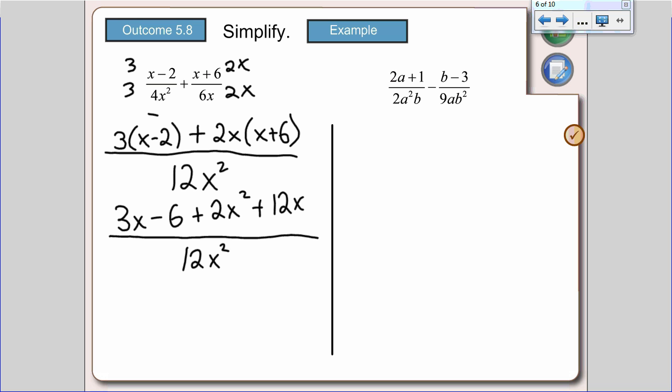I only have one of those, so I have 2x squared. Plus x's go with x's, so 15 x's. And then constants go with constants, so it's just minus 6. And that would be my final answer. I suggest that whenever you look at something like that, you try to factor it. You can't factor this, so we're not going to try.